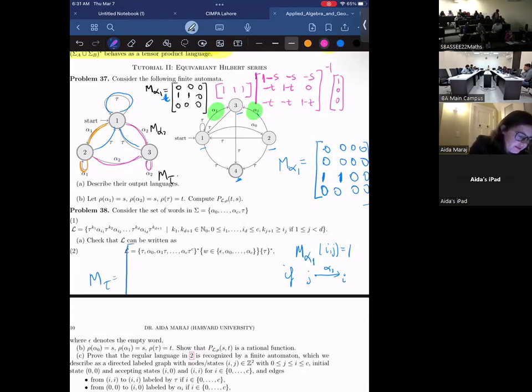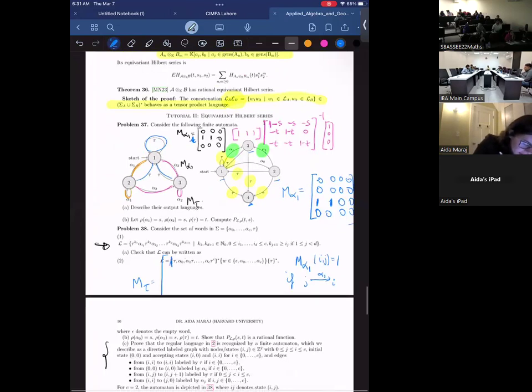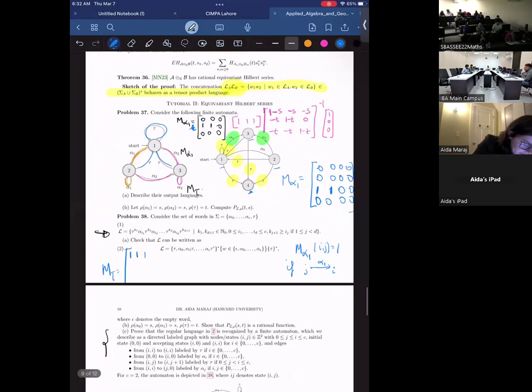The tau appears here, here, here, here, here, and here. So the first row is 1, 1, 1, 0. We don't have space for it, but M of tau is 1, 1, 1, 0.